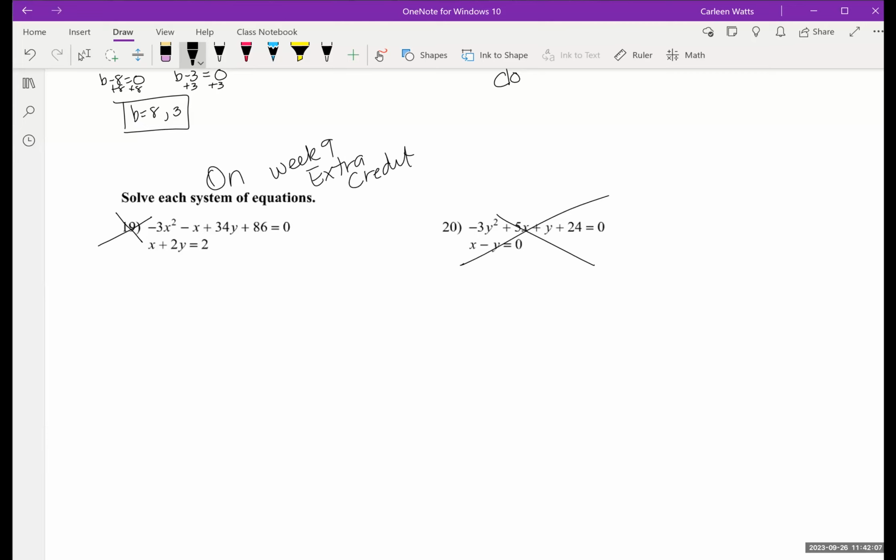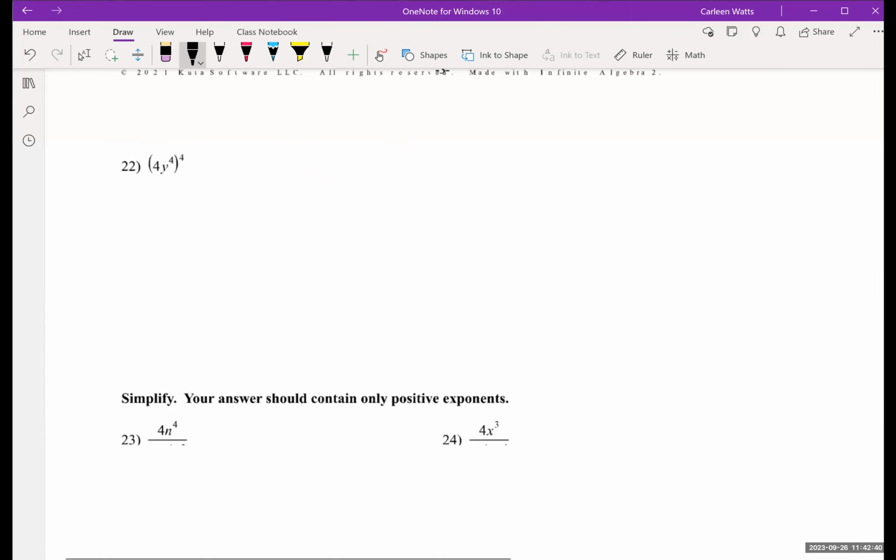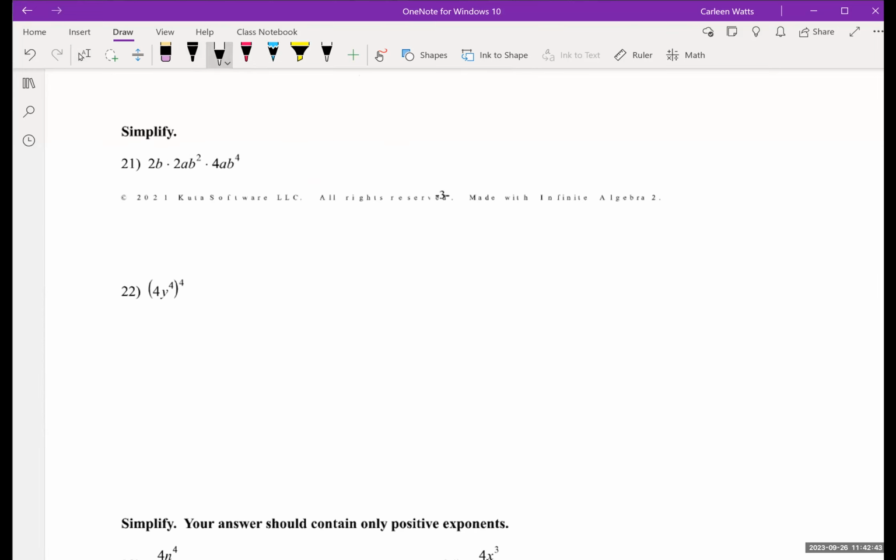If you want to learn it so that on the week 9 exam, you can do it and get the extra credit, then it's not that bad. Okay. It's just a little overwhelming because we're learning a lot of stuff. We're going to come back and we're going to do number 19. You do not have to do it on the review session packet. It's only stick around if you want to see it and see if you want to learn how to do it for the extra credit problem on the exam.